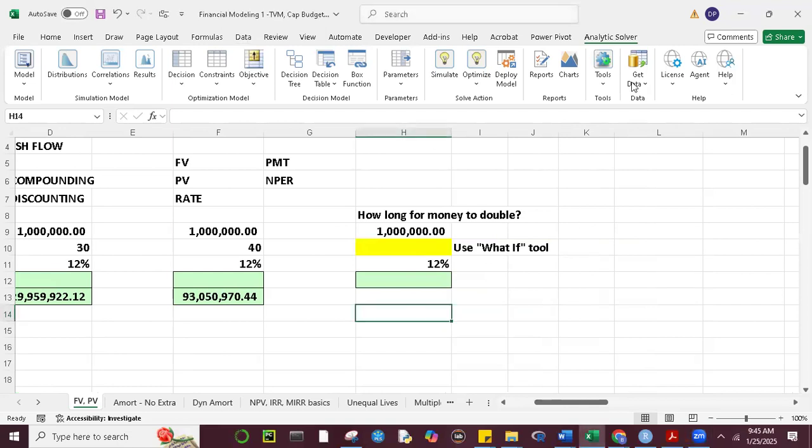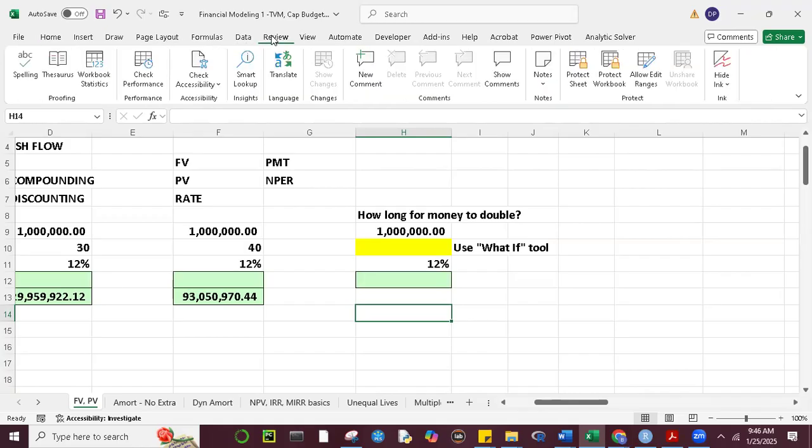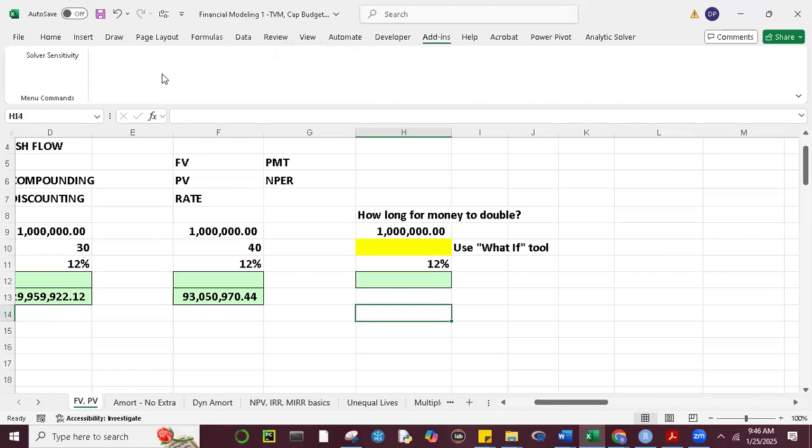I'm not sure, it's under Data. The layout and the tabs have changed over the years. I'm sorry about this.